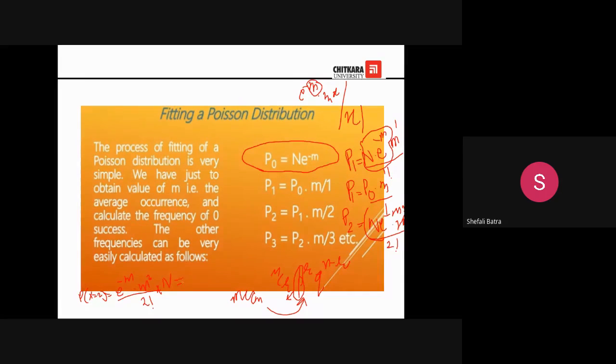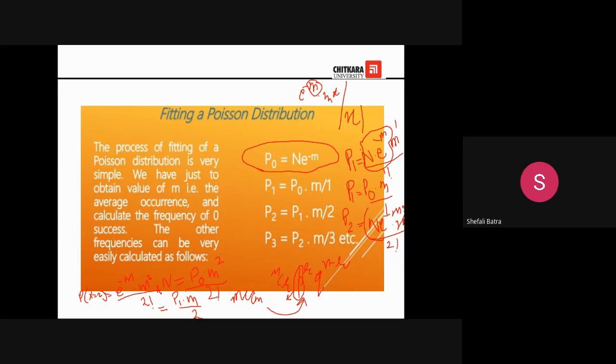So that can be written, if I'm writing in terms of P naught, as e raised to power minus m into n into e raised to power minus m, so I can write here P naught into m square by 2 factorial. Or if I'm writing in terms of P1, it is P1 into m divided by 2.